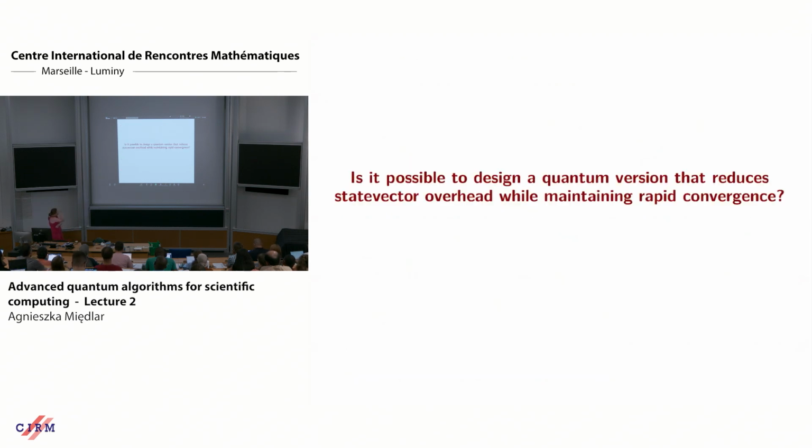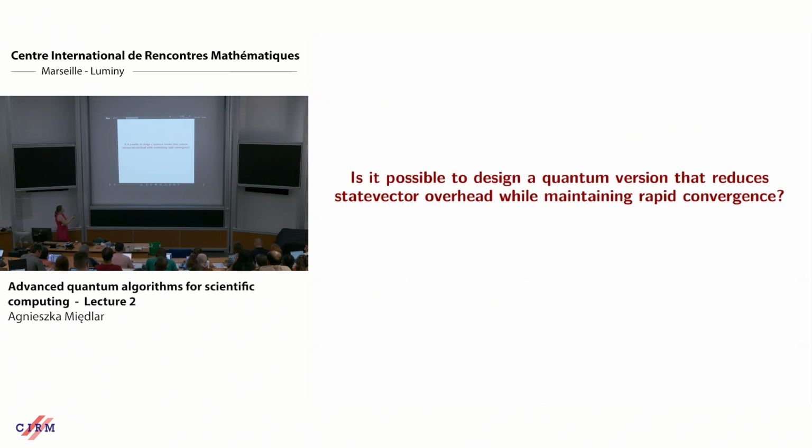So the question was, and I will focus now mostly on what's called quantum Lanczos, which was introduced by William Kirby from IBM, who is one of the leading people working on Krylov methods for quantum computers.